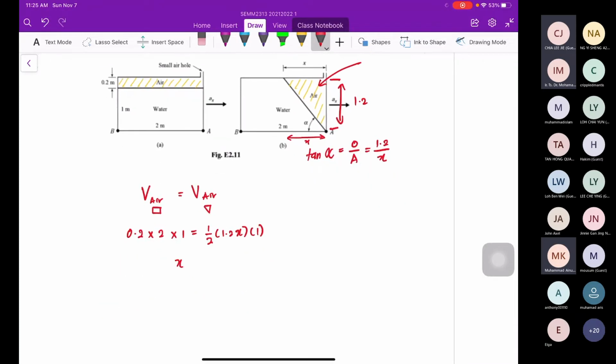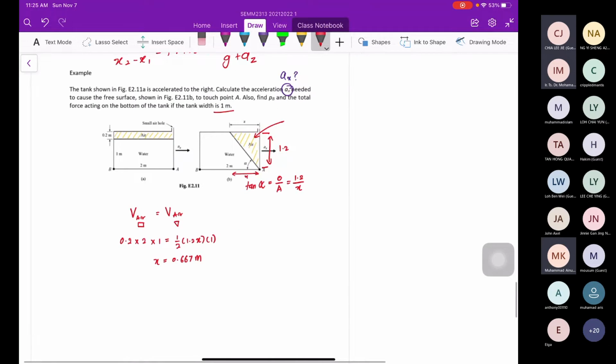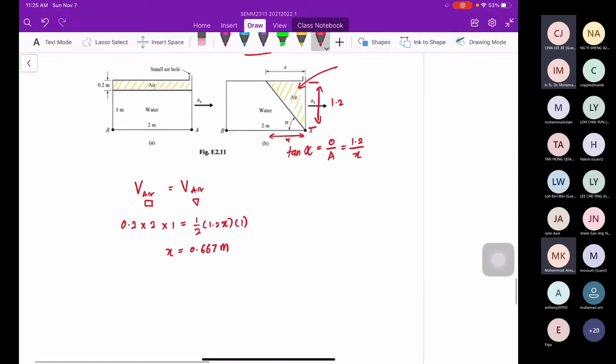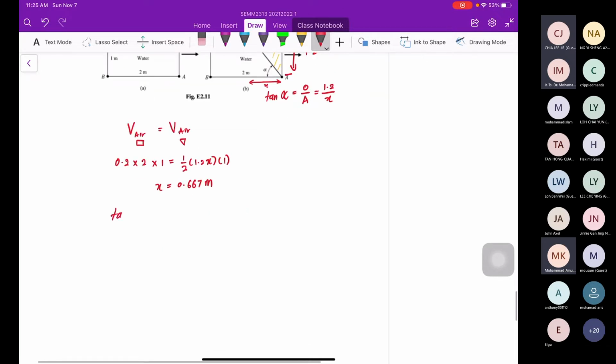So we will get x here to be 0.667 meter. So from here we can directly plug in the tangent. Tangent alpha is equal to 1.2 divided by x, which is 0.667. You will get 1.8. That means tangent alpha equals 1.8.